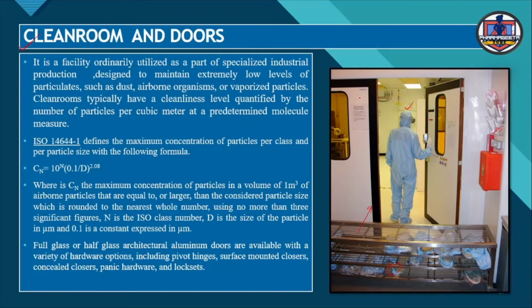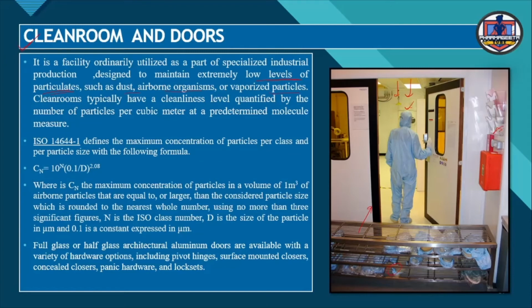It is a totally sealed chamber along with positive pressure from the HVAC system. So these are facilities ordinarily used as a part of specialized industrial production designed to maintain extremely low levels of particles. This is the main motive of a clean room, such as dust, airborne organisms, vaporized particles.